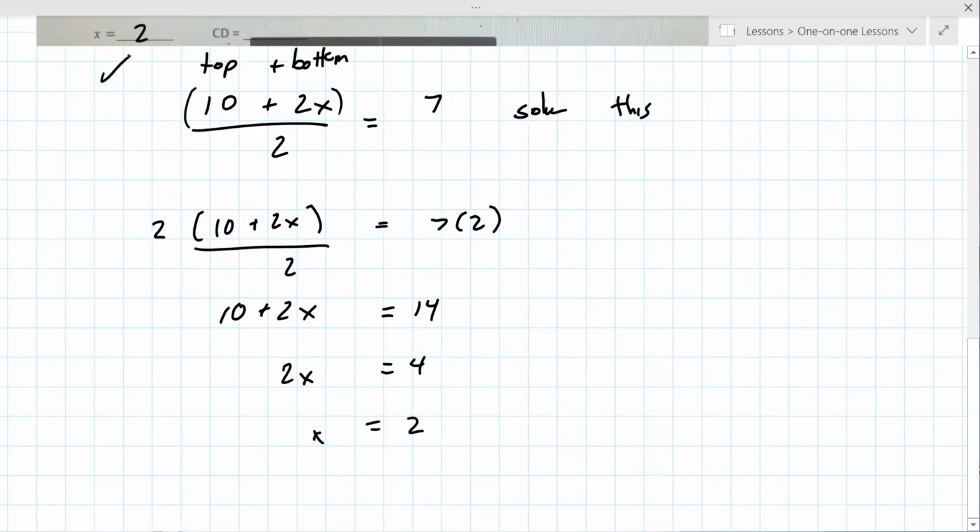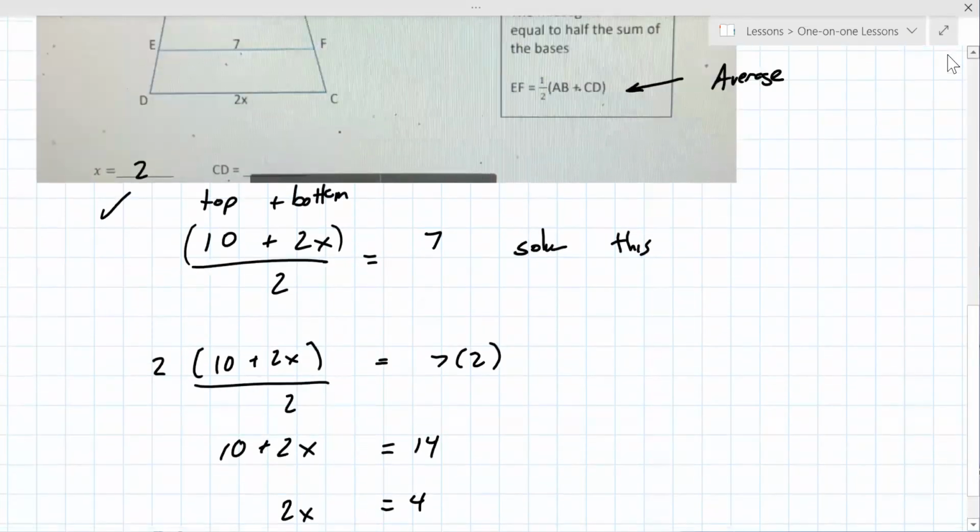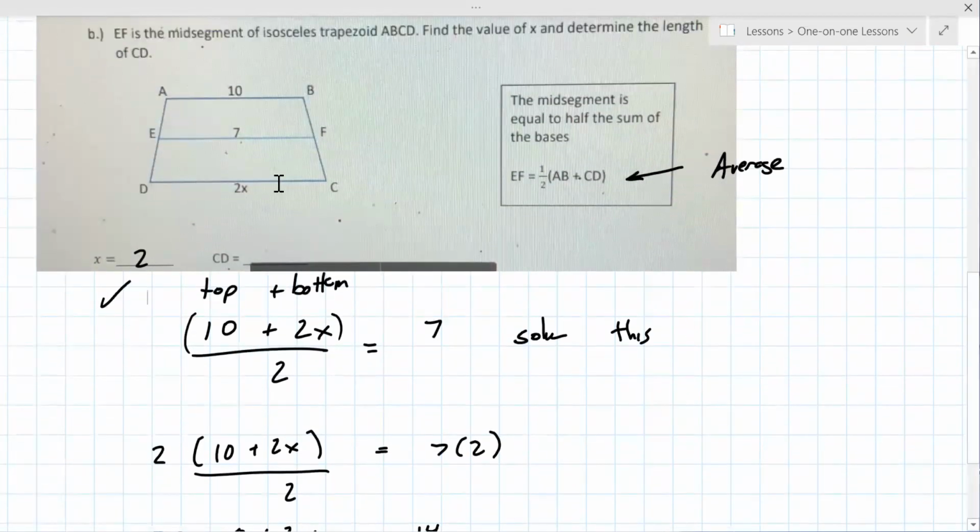That's the first thing they want, but then they want to know the measure of CD, the length of CD. So we know that CD is 2 times x, 2 times 2 is 4. That's not right. Oh, it is right. Okay.